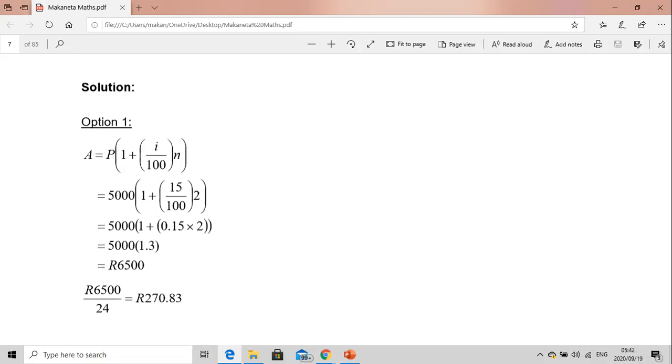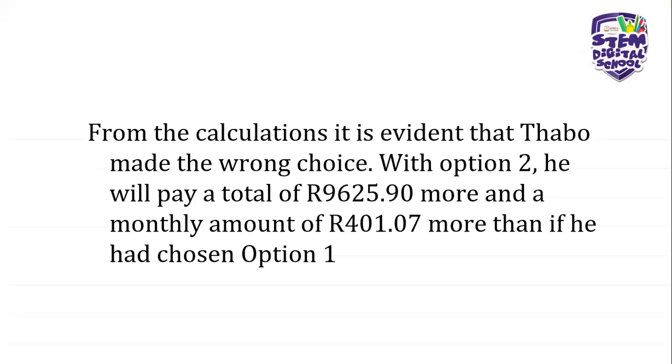It would appear that 15% was far better compared to 5%, but in this case, it's not so, because the compound interest is calculated on interest.